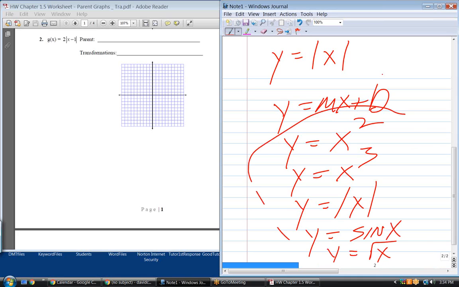These are the parent functions. So when you see something like this, if you know what the parent function looks like, and you know what all the other numbers are doing, in other words, what they represent, then you can graph the regular function.